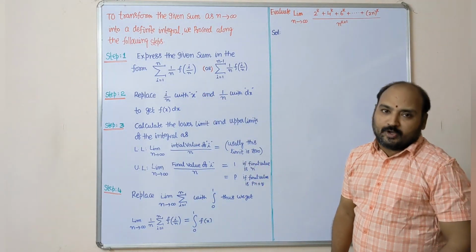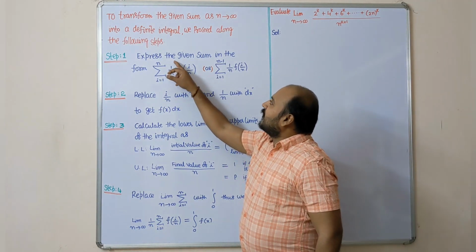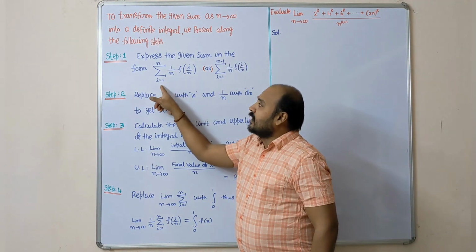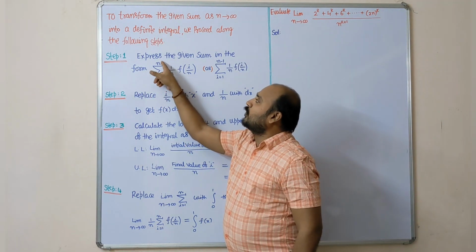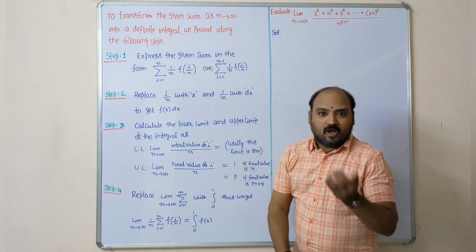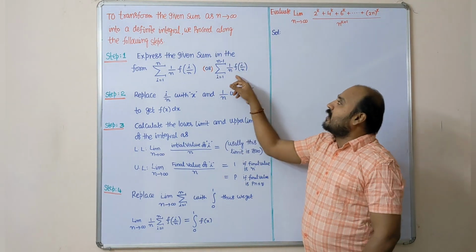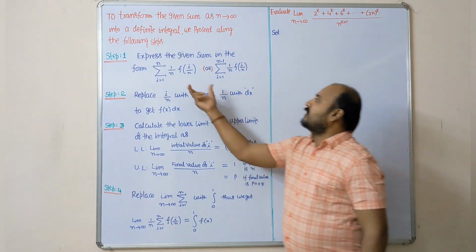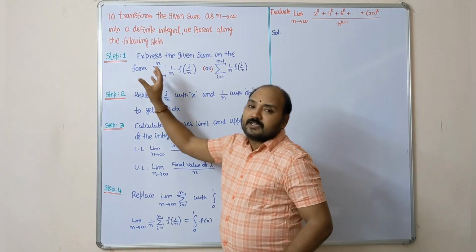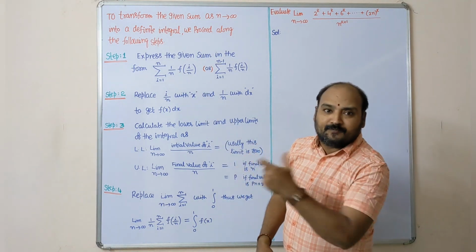In the first step, express the given sum in the form sigma i equal to 1 to n, 1 by n f of i by n, or sigma i equal to 1 to n minus 1, 1 by n into f of i by n. Either this form or this form, you have to get it. So in step 1, express the given sum into this summation form.